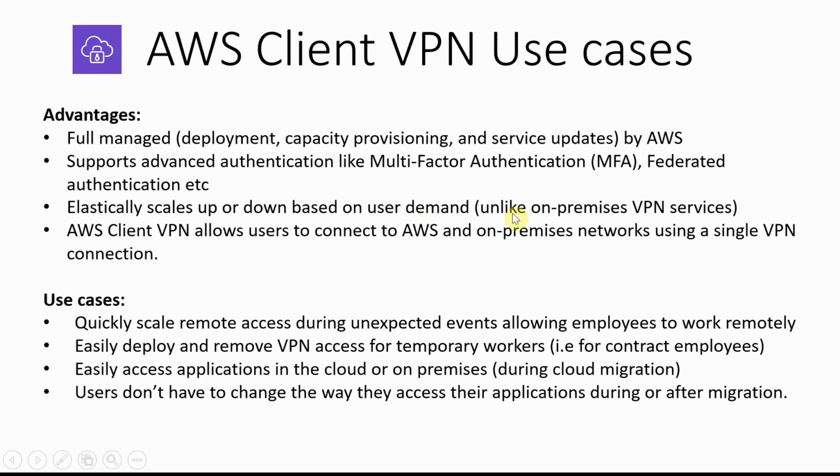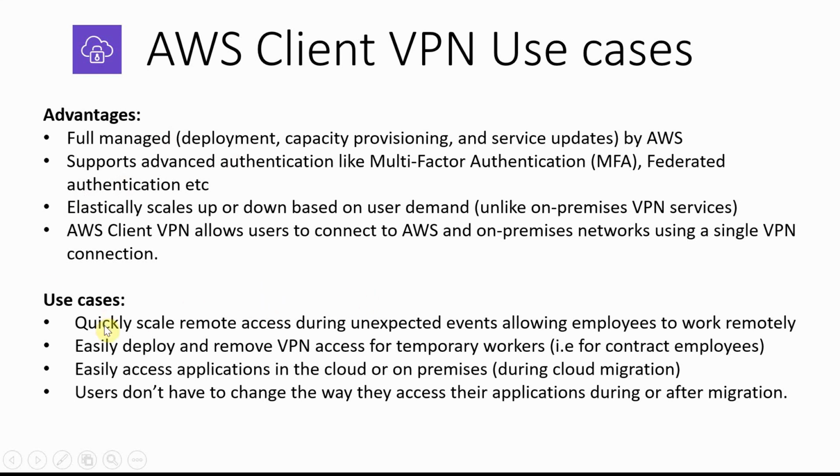Whereas on-premise requires a lot of infrastructure. If you want to use an on-premise VPN service, it is not an easy job. But in the cloud, you get all that scale up, scale down very easily. The AWS client VPN also lets users connect to AWS and on-premise networks using a single VPN connection. So you can talk to all the AWS products once they're connected via VPN.